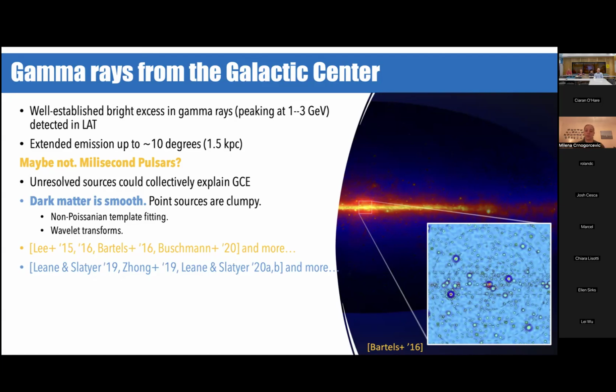And one of those sources that has been established as a potential source of the galactic center excess is a large population of millisecond pulsars that could collectively explain this excess.